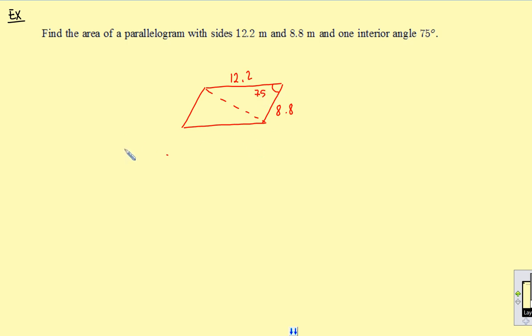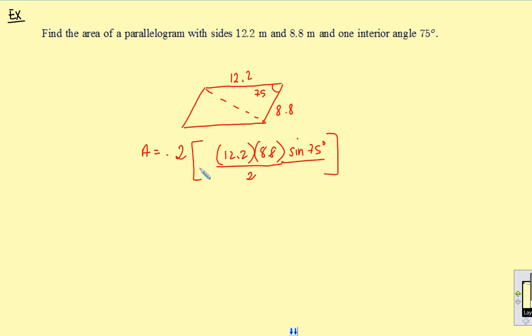So I can say area is equal to 2 times, because there's 2 triangles, 12.2 times 8.8 divided by 2, times the sine of 75 degrees, so that I can cancel out my 2's, and I just get 12.2 times 8.8 times the sine of 75.